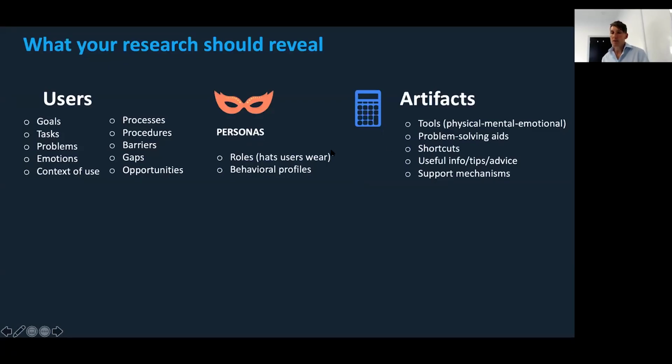And artifacts. So your research should show you artifacts. Artifacts are tools, things people use physically. They might be mental. I remember when I did my first banking study, actually, for an online only bank. This was in 1999 in San Diego. And I thought to myself, why are we talking to customers? Everybody knows how to balance a checkbook and manage their money.